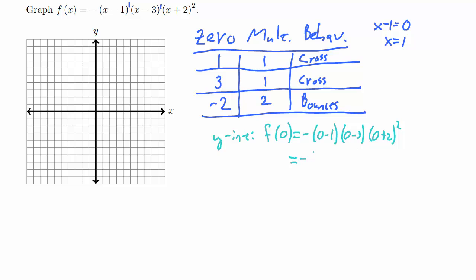So that gives you negative times negative 1 times negative 3 times 2 squared, and 2 squared is 4. There are 3 negatives, which gives me a negative. 1 times 3 is 3 times 4 is 12. So my y-intercept here is 0, negative 12.